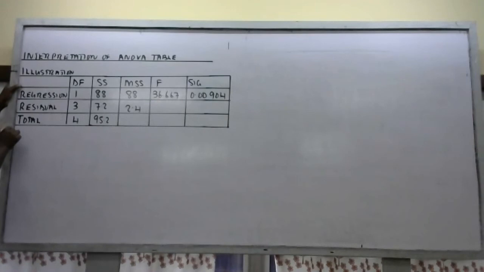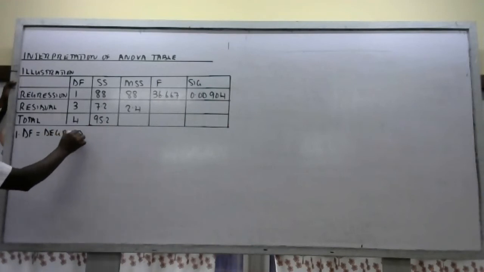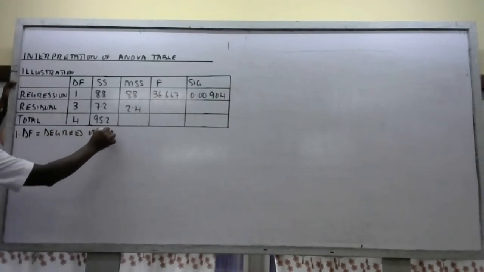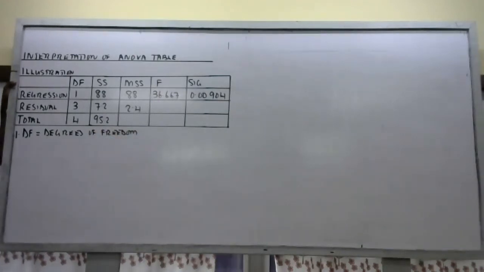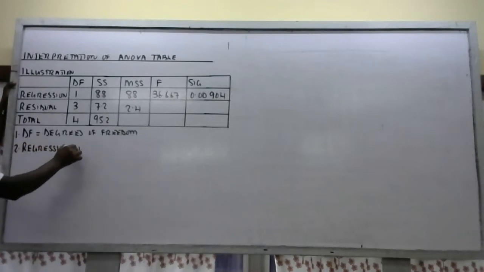So point number one, this DF means degrees of freedom. Point number 2, regression DF.